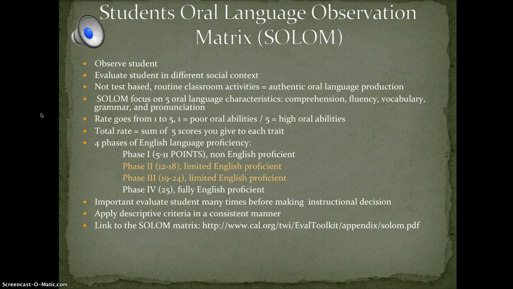Another consideration when rating a student is to apply the descriptive criteria in a consistent manner. It is important to pay attention to the fact that the limited English proficient level goes from phase 2 to 3, meaning that this stage of learning is long and extensive for second language development. At the bottom of this slide is a link to the SOLOM matrix for you to use if you wish.